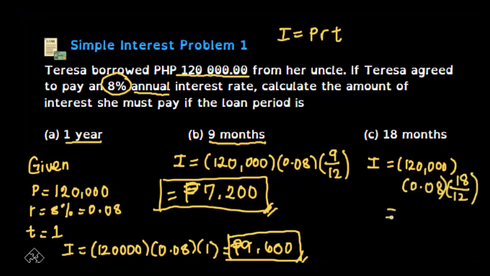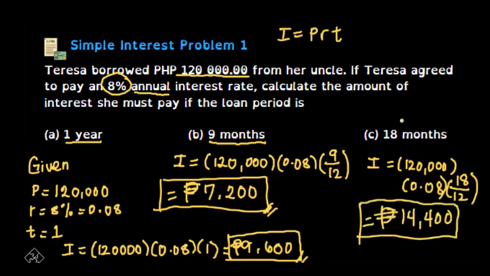Okay, let's find out. Since we have these things, 120,000 times 0.08 times 18 over 12, then we have 14,400 pesos.